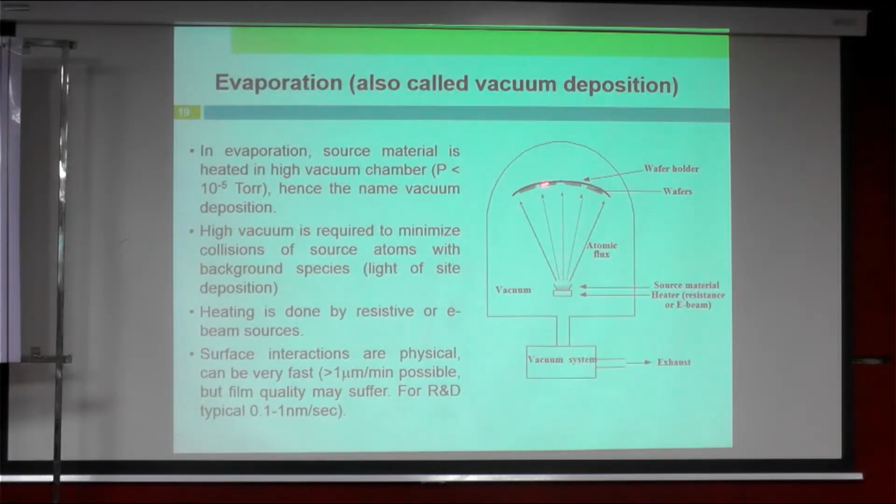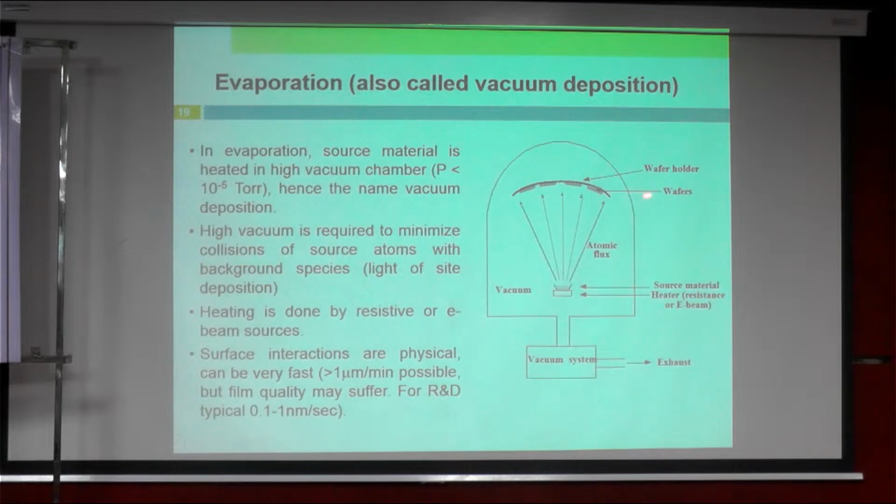Then you have your wafer, or any base substrate or material, where you want to deposit the thin film of the target materials. So in evaporation, source material is heated in a high vacuum chamber, which is 10 to the minus 5 torr, hence the name vacuum deposition.